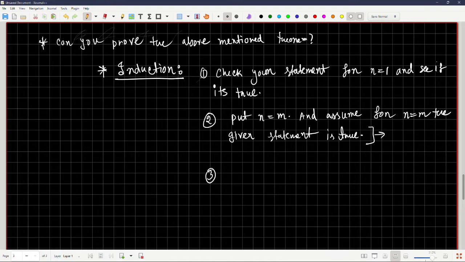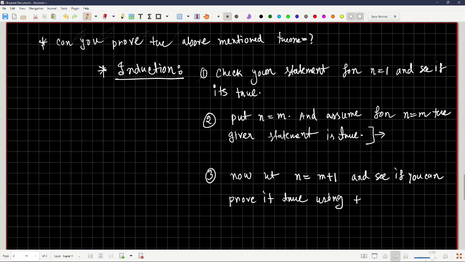Then on the last step, or the third step of induction, let n equals to m plus 1 and see if you can prove it true using the assumption in step 2. If you can do it, you are done. That's how induction works.